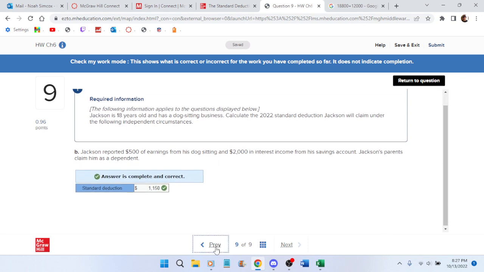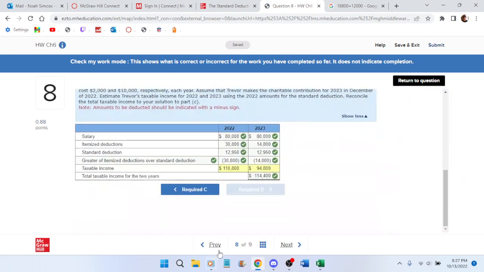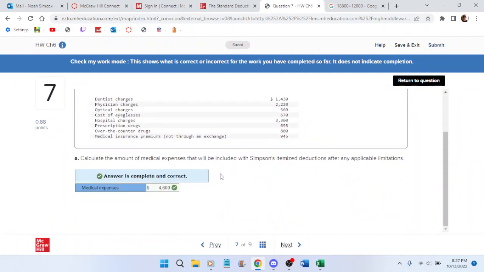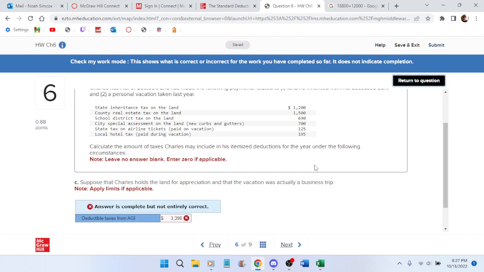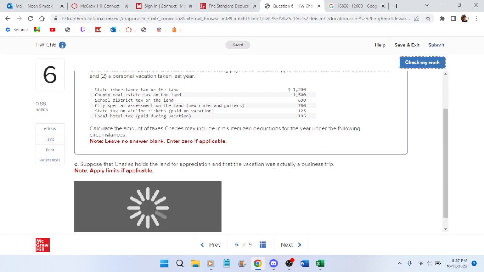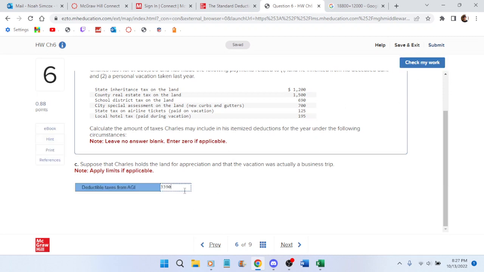So now, can I please go back to the one question that I couldn't get right? Because I don't want to redo the whole thing. This question is gonna suck. I tried 0 already. I'll try it again, whatever.